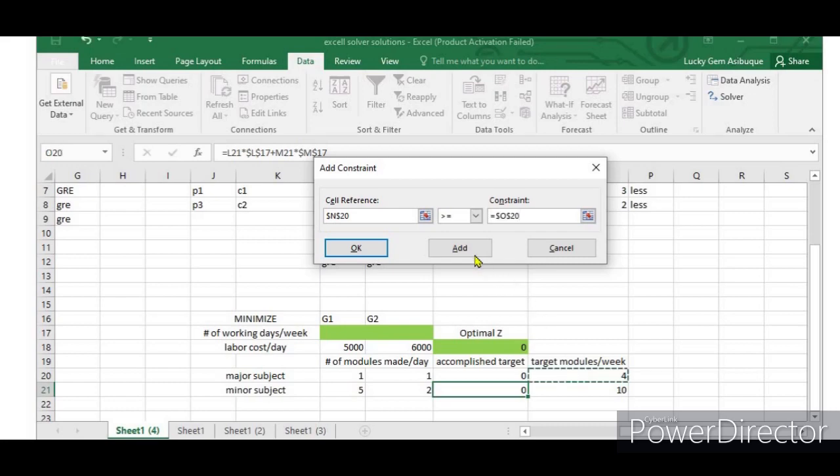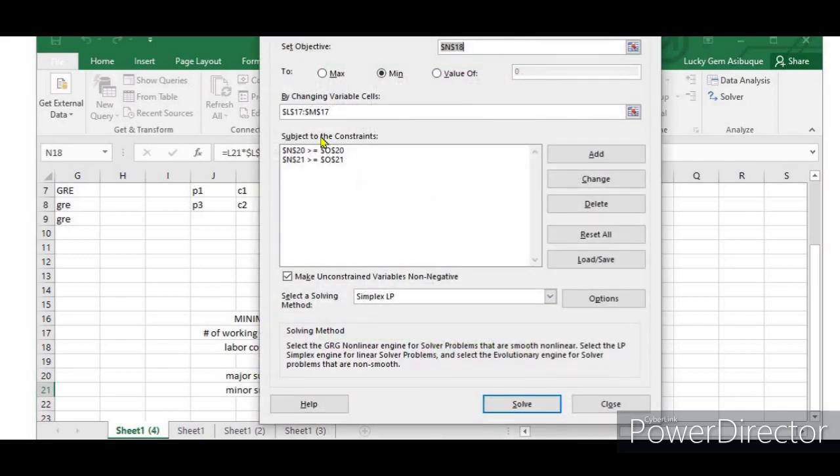Then click Add. Then for the second cell reference, click this. And the sign for the second constraint is greater than or equal also. And the corresponding target modules per week is 10. Since this is the last constraint, you can click OK.